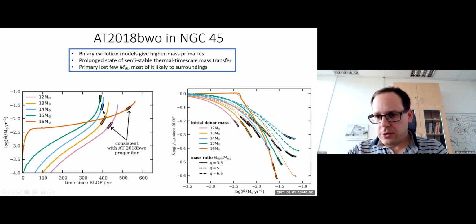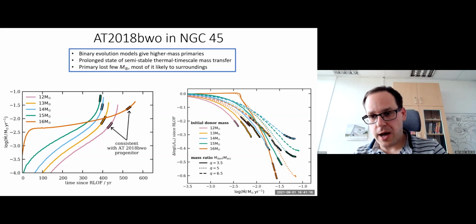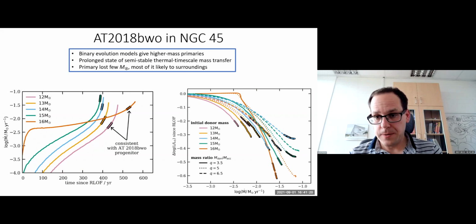And the black dots in all cases indicate the position that matches what we observed for the progenitor of this event. What we can conclude from this is that this object was undergoing a semi-stable mass transfer on thermal timescale, reaching very high mass loss rates, 10^-3, 10^-2, or potentially 10^-1 solar masses per year.